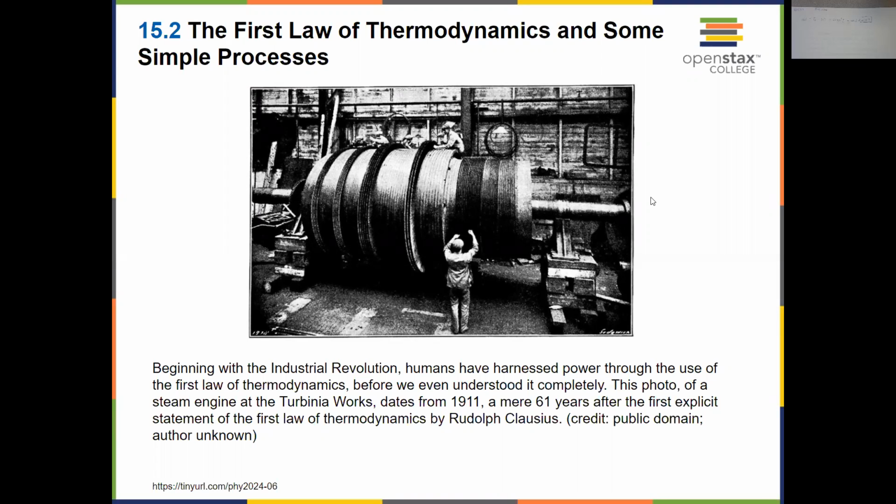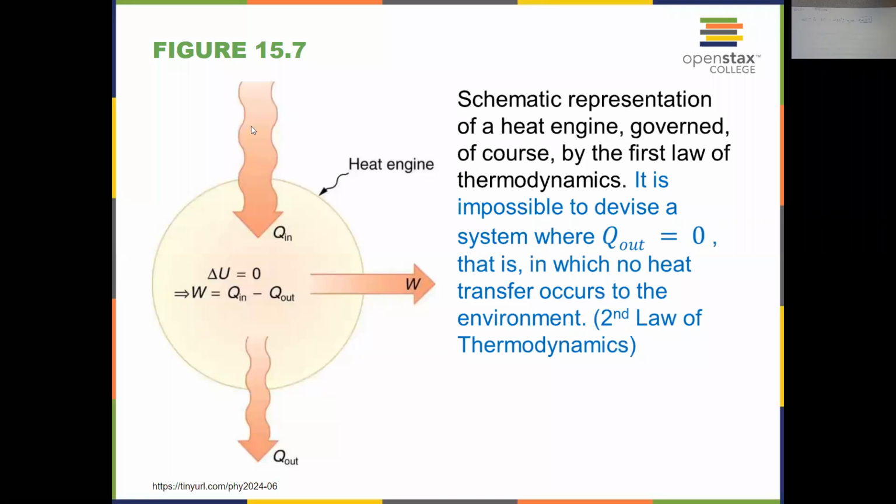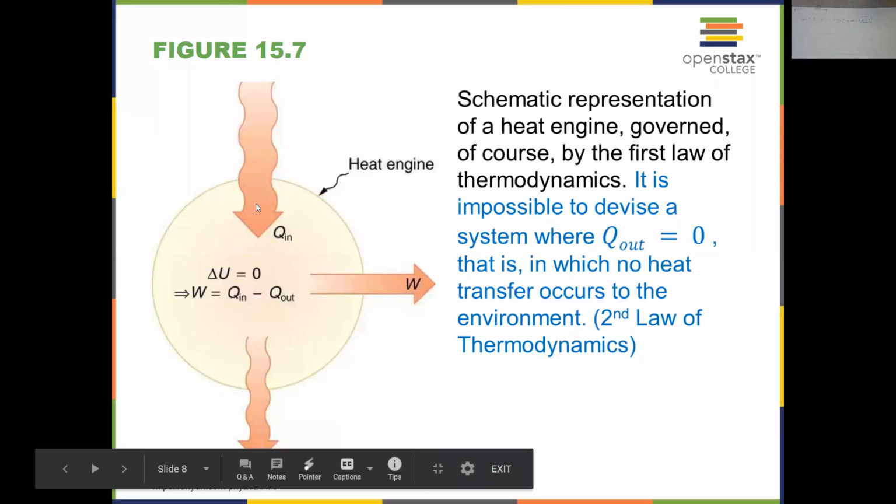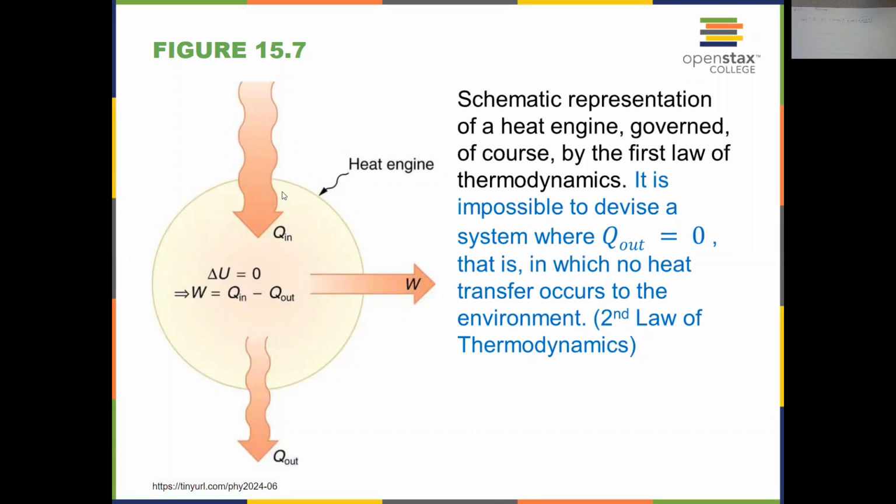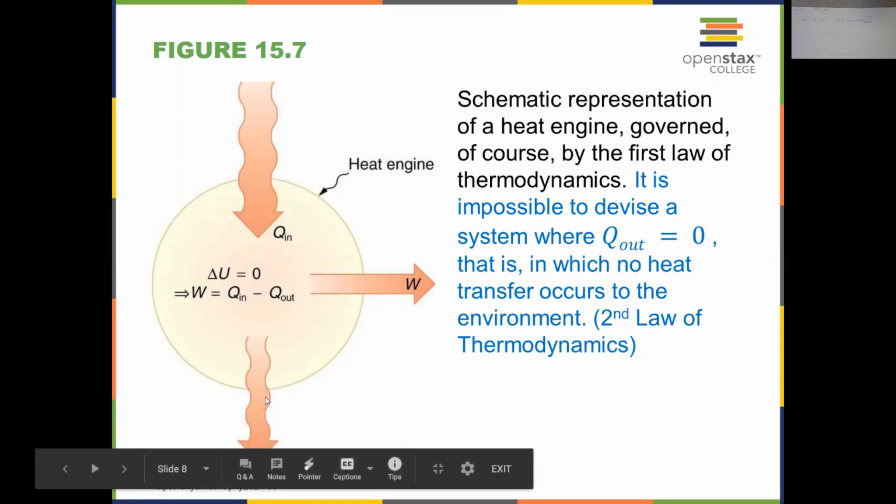Basically, this is the first law of thermodynamics: the heat that comes in is equal to the heat given out plus W, in the process here. This is a heat engine. What it does is take in heat, do work, and then dump the heat out to the environment.